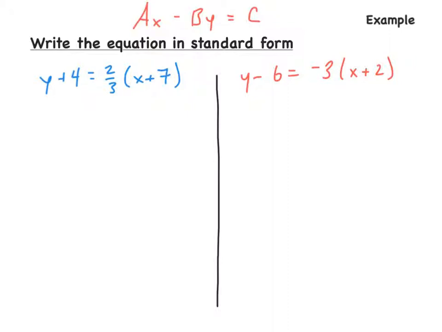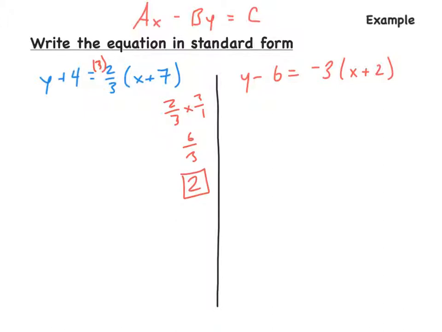Two-thirds times 3, which is 3 over 1, is the same as 6 divided by 3, which is the same as 2.